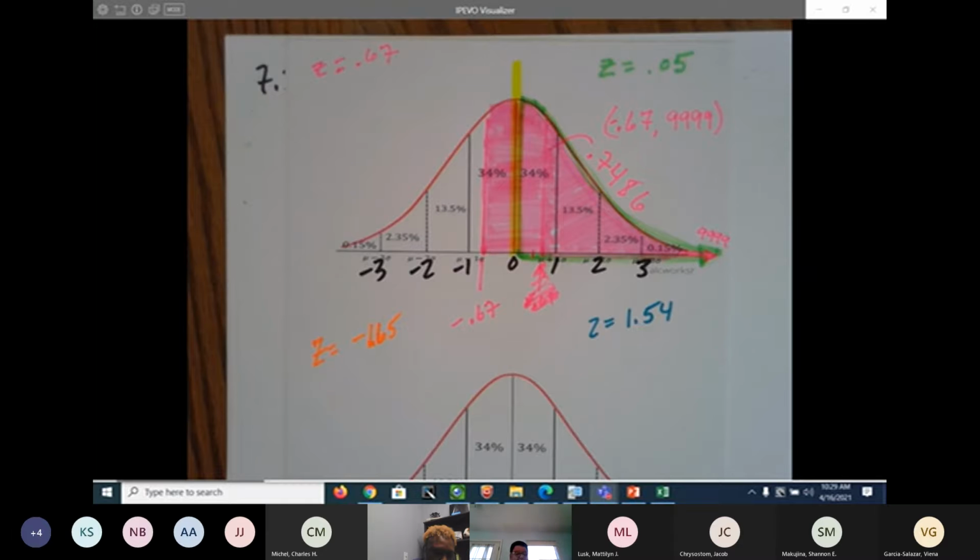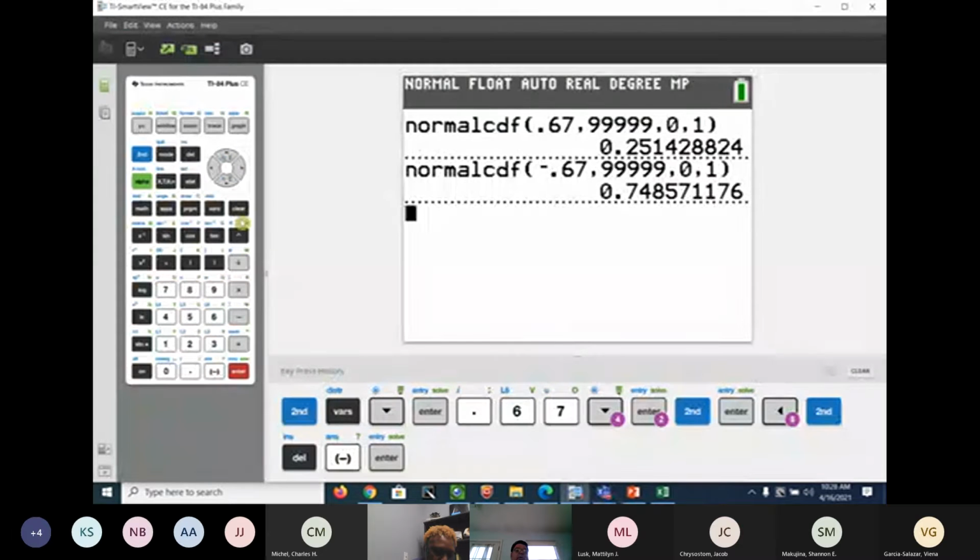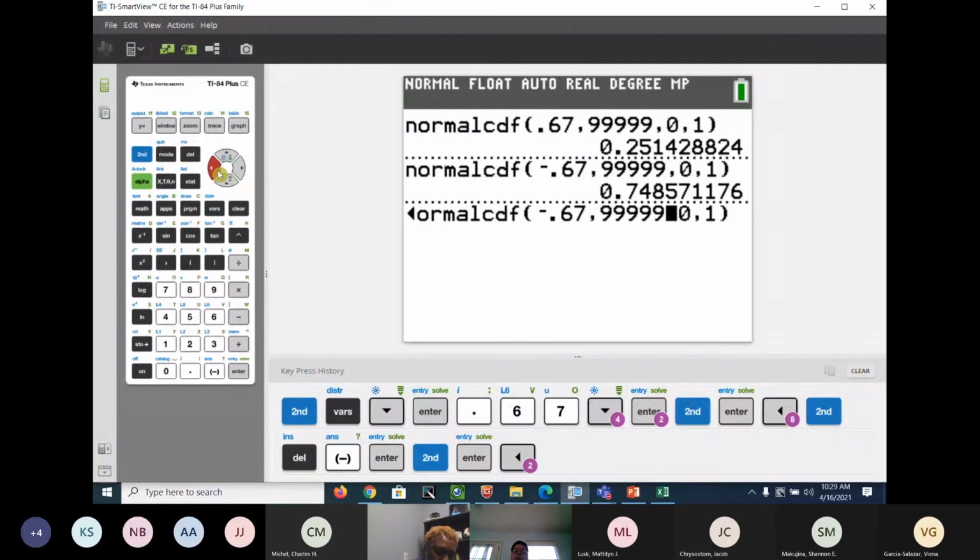From 0.05 to infinity is going to be normal CDF, the second, enter, and then I'm going to put 0.05 right here. And enter.